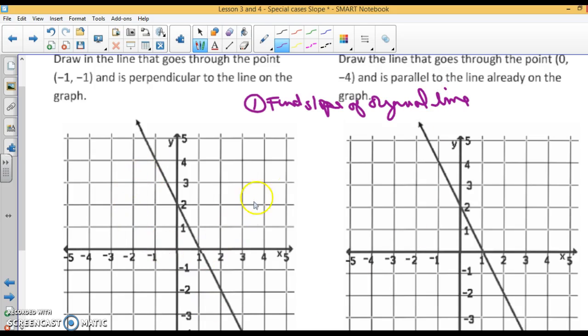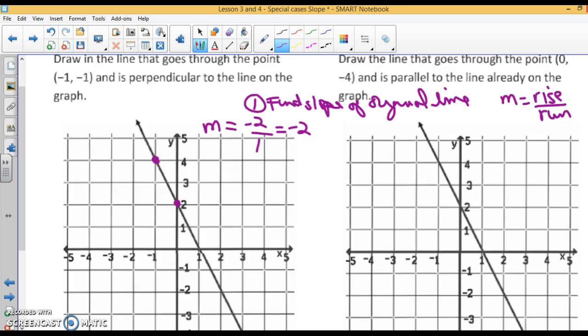Well, slope, remember, is rise over run. So I'm going to go to this given line, and I'm going to find two major intersections right here. My slope, if I go from this point to this point, my rise is negative 2 because I'm going down. My run is 1, so my slope is negative 2.